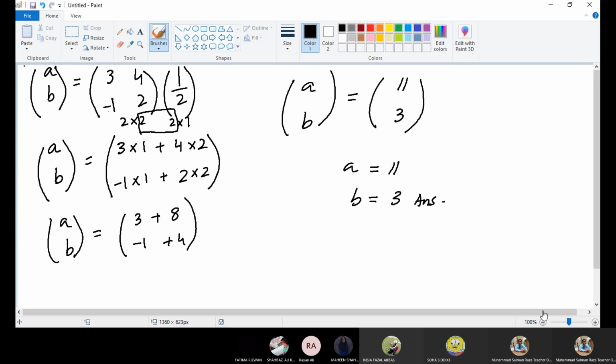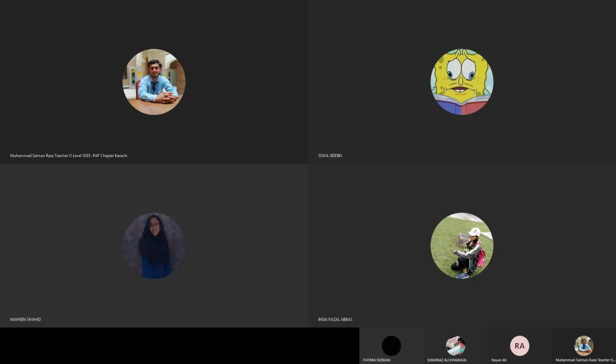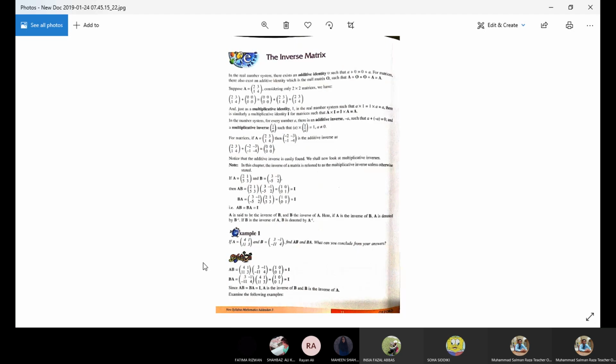So again, we are going to see if there is any other question which we should solve over here, and we are going to check it. So there your exercise comes once again. Now this is the addendum part.